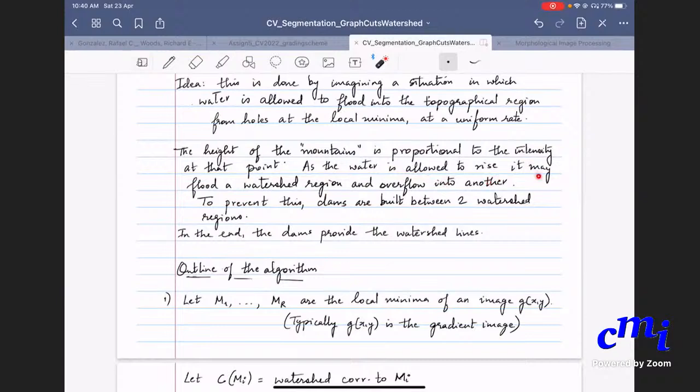As water is allowed to rise, it will flood a watershed region and overflow into another. So when it begins overflowing, that's when we build a dam between the two watershed regions. And in the end, it is going to be those dams, because we will do flooding till the end, till the highest intensity level. Okay. So in the end, the dams will provide the watershed line and finally give you a segmentation of the image.